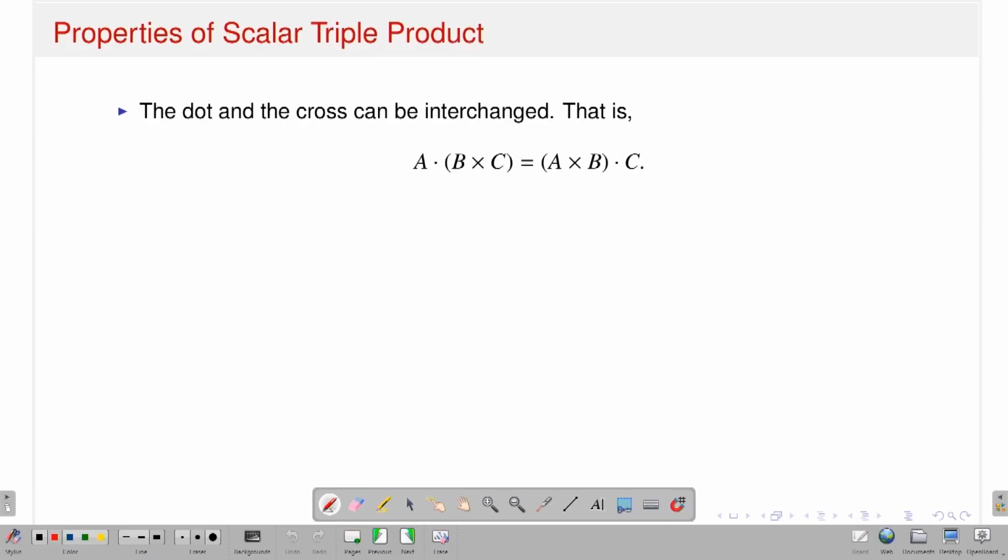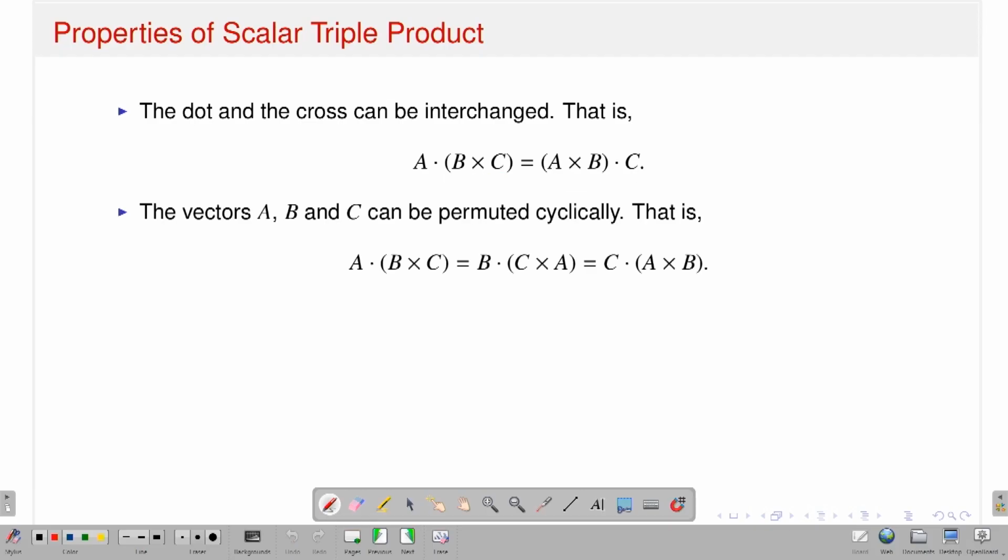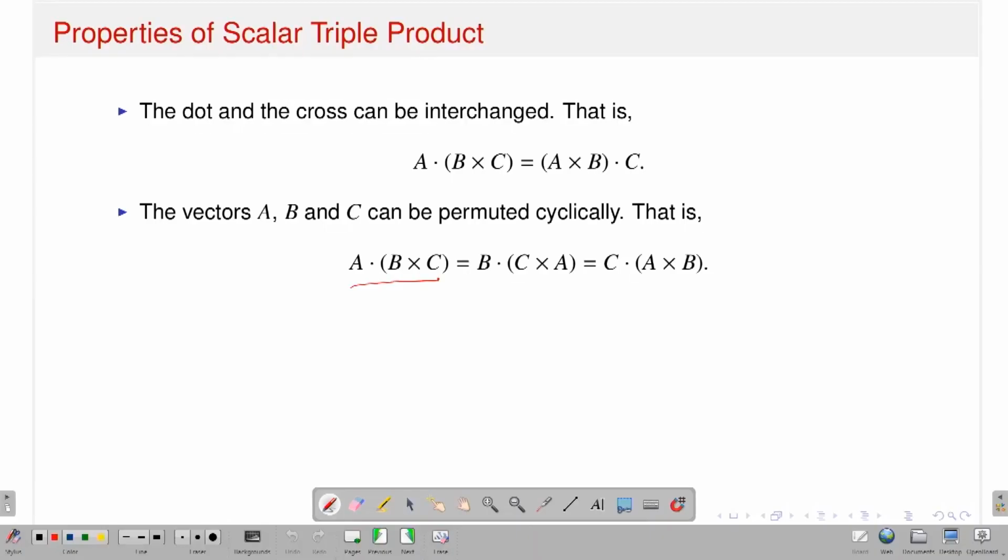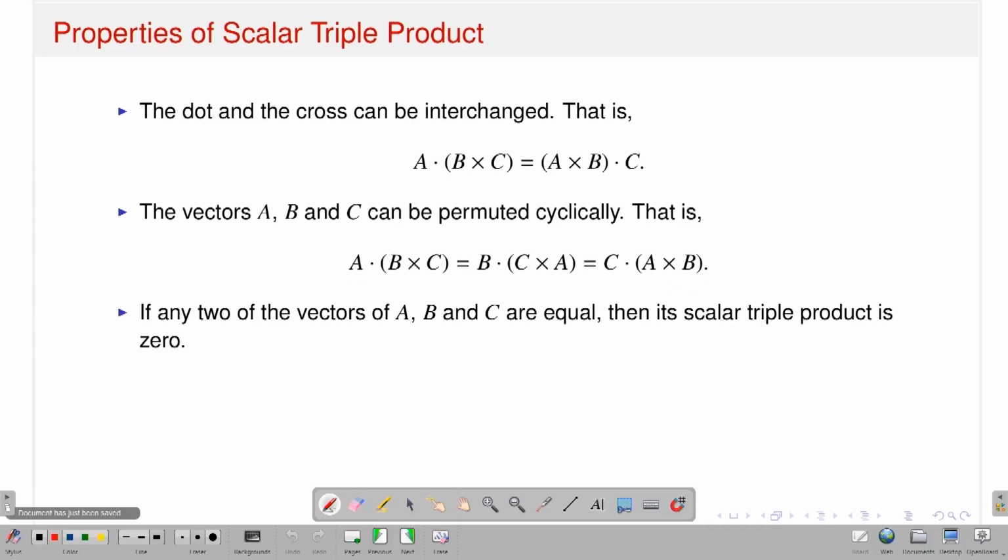Okay. So, the properties of this scalar triple product: the dot product of A with the vector B cross C is equal to the dot product of A cross B vector with C. The vectors A, B and C can be permuted cyclically, that is A dot B cross C is equal to B dot C cross A, which is equal to C dot A cross B. If any two of the vectors A, B and C are equal, then its scalar triple product becomes 0.